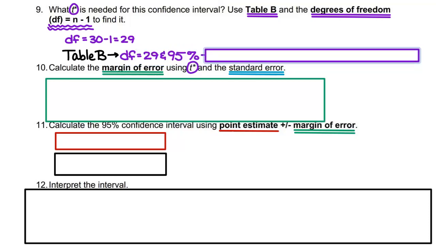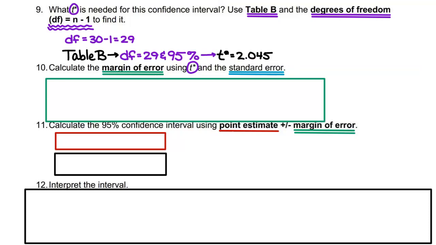So 29 degrees of freedom and a 95% confidence interval. It tells us T star is what? 2.045.